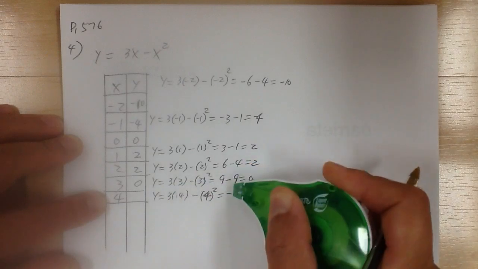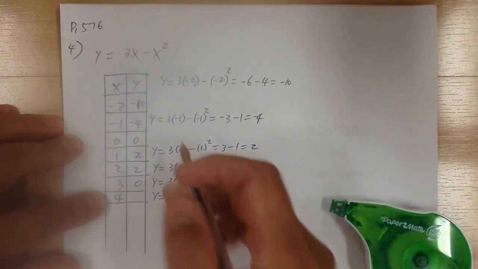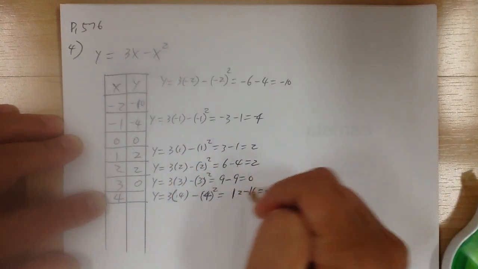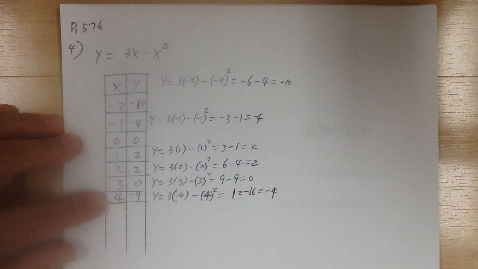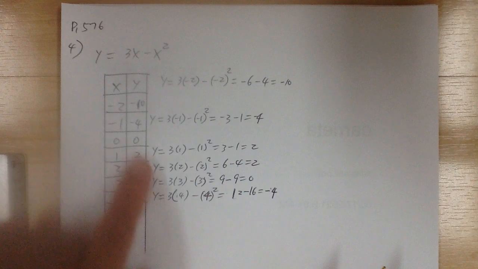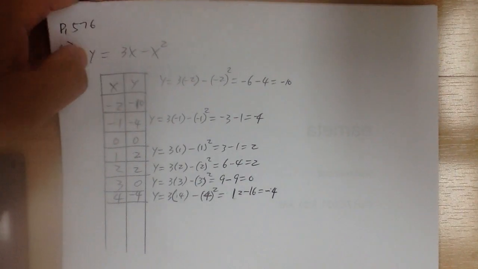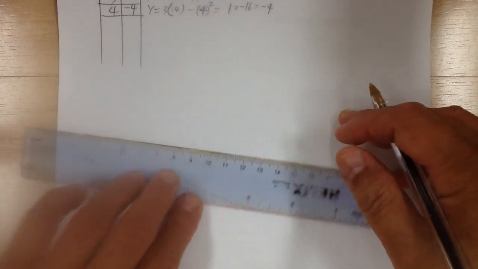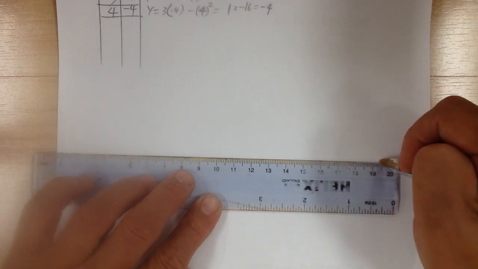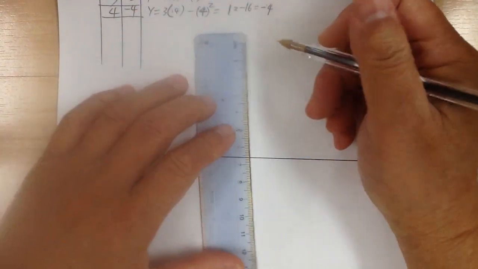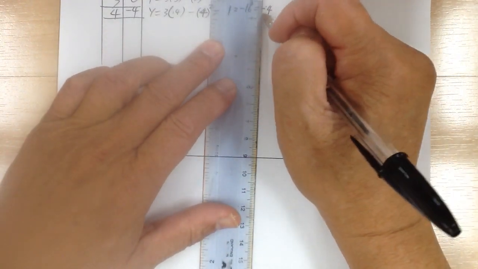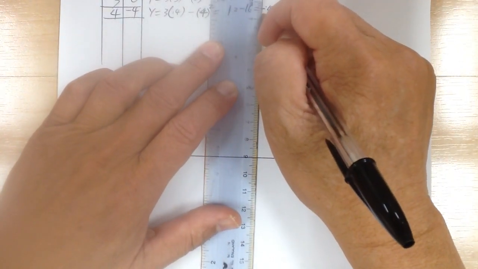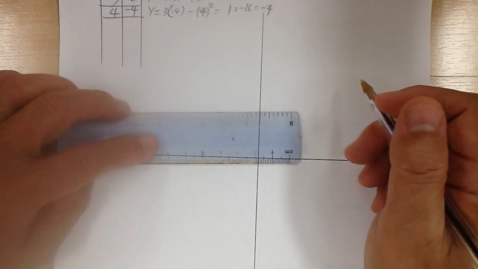So cut down on careless mistakes. Okay, so this will give you negative 4. Okay. So once you get all these points, again, you can do the graphing.